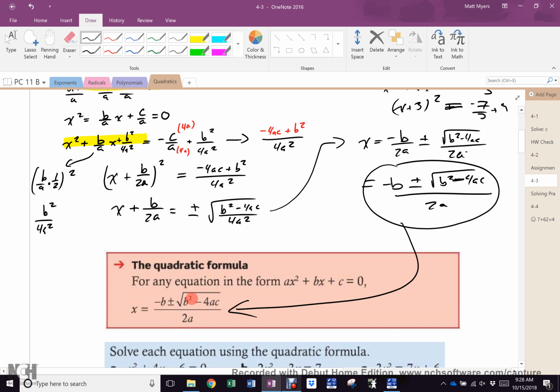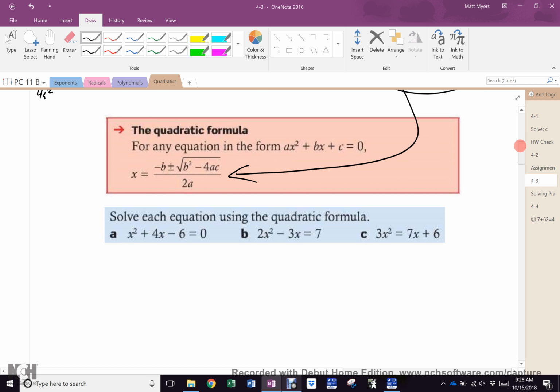Everybody cool? Now, the only thing that makes it difficult is to remember this, right? The A goes everywhere you see an A, no matter what the value is. So if this was negative 5, what would I put in for that A? Negative 5.